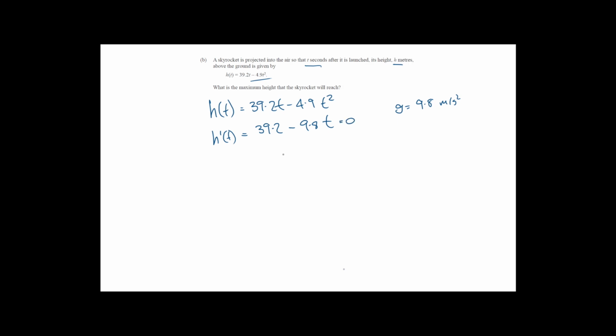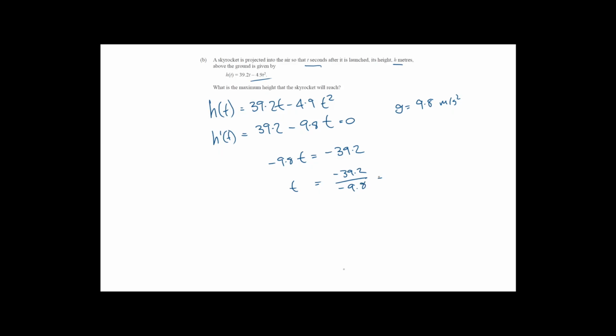So negative 9.8t equals negative 39.2. So t is going to be negative 39.2 divided by negative 9.8.